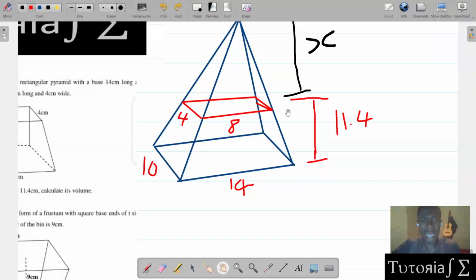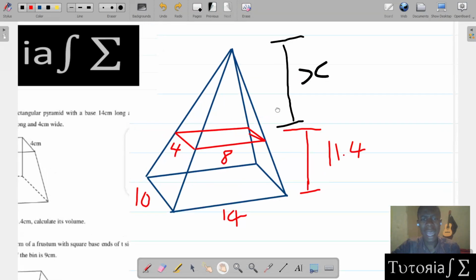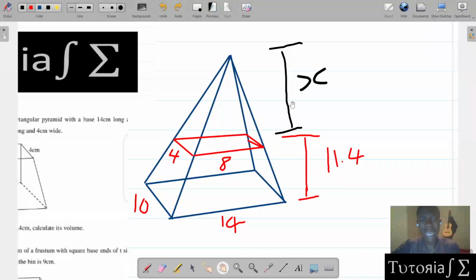So now this is the height 11.4, and it was cut from this end. We don't know the height of the part that was cut, so we call that X. And here are the lengths. This is 4 centimeters, and that is 4 centimeters there. This is 8 centimeters, and that is 14 there, and 10 centimeters there.